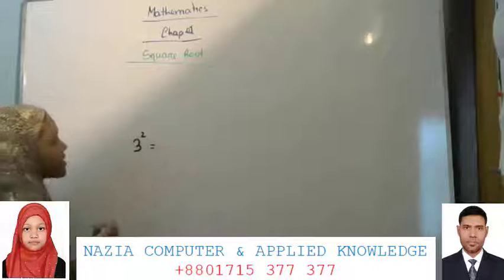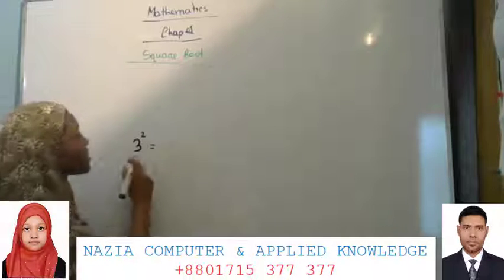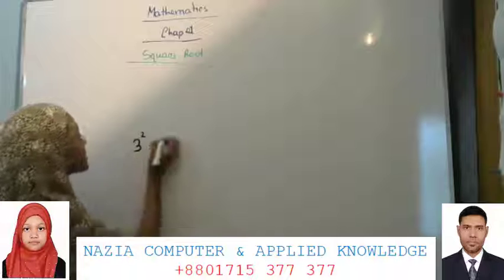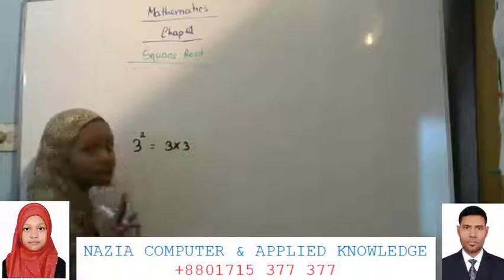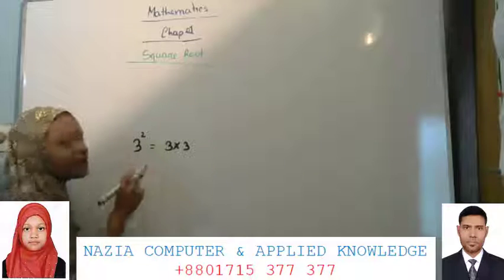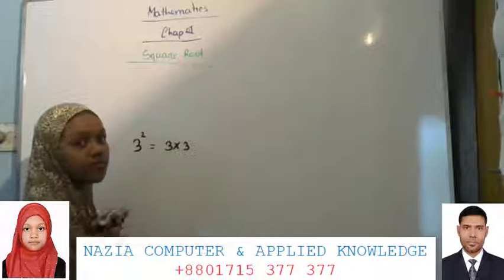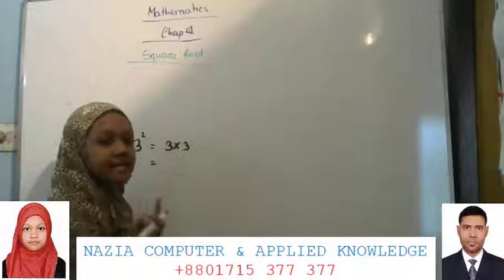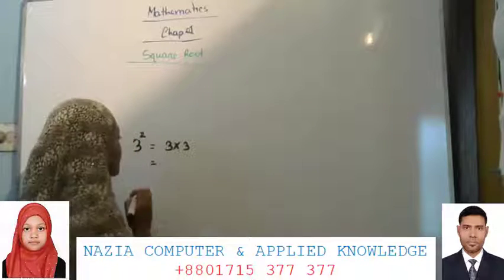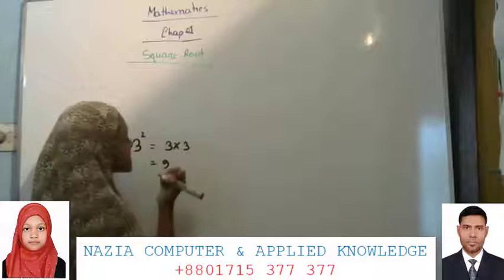That means the power is 2. So that means 3 will be multiplied 2 times by itself, not by 2. Not 3 into 2. It will multiply by itself, that is 3 into 3. So the result is 9.